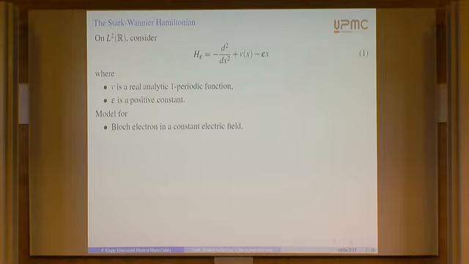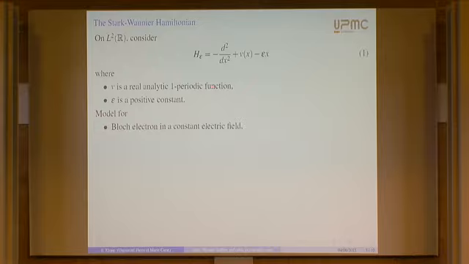So what is this operator? This Stark-Wannier Hamiltonian, as it's called, when it was first introduced, was introduced as a model for a Bloch electron, which means an electron inside a periodic field, which is V of x. Of course, it's a very simple electron. It's confined on a one-dimensional space. This is where the Wannier part comes from, because Wannier has well-known contributions to the spectral theory of periodic operators.